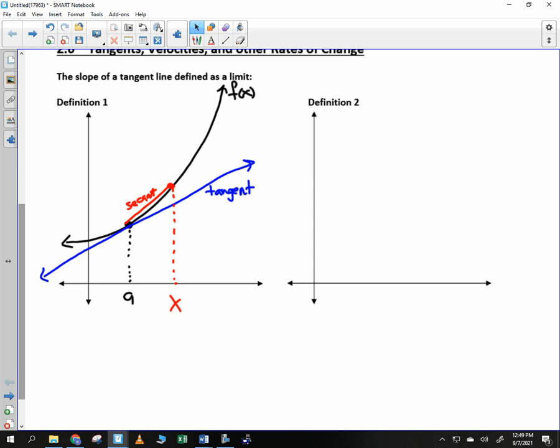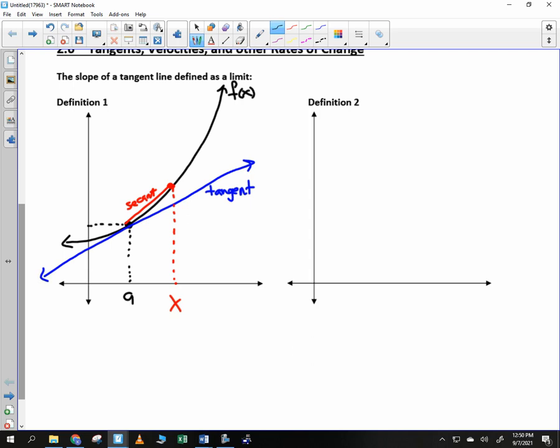If we wanted to have a better estimation, what would we do with point X? We would move it closer. Everybody agreed? Okay, so in order to find slope, we do y sub 2 minus y sub 1 over x sub 2 minus x sub 1. Agreed? I have my two x values here. I'm missing y values.